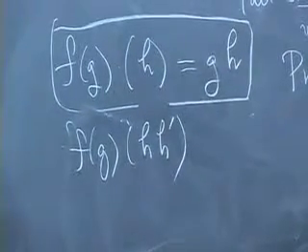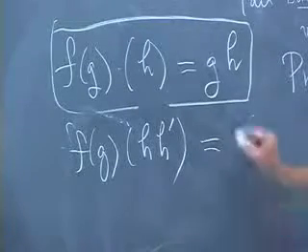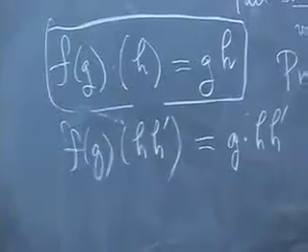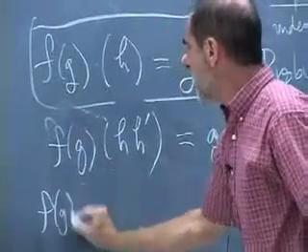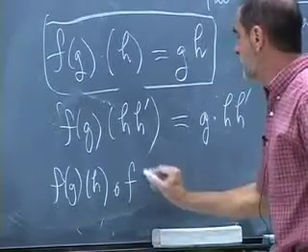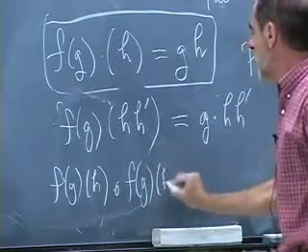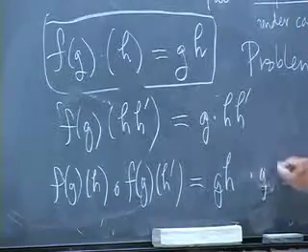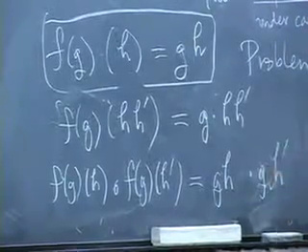Got it, right? Thank you. And this is, by definition, g times hh prime. Whereas f of g of h composed with f of g of h prime is, on the other hand, gh times gh prime. And there's no reason that that's equal to that.